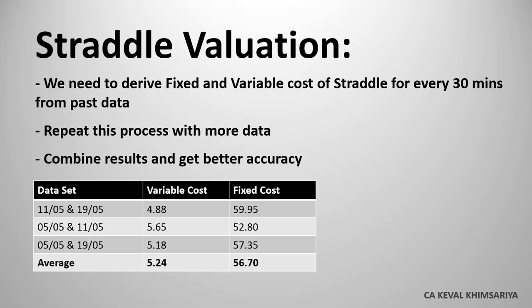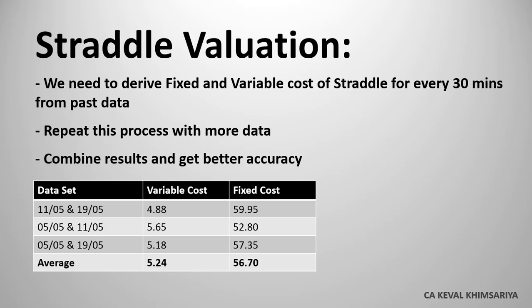So for 5th May and 11th May data, the variable component comes to 5.65, but the fixed component comes to 52.80. If I compare 5th May and 19th May data, the variable straddle component comes to 5.18, and the fixed straddle component comes to 57.35. So the more data I have, what I can do is average that data.